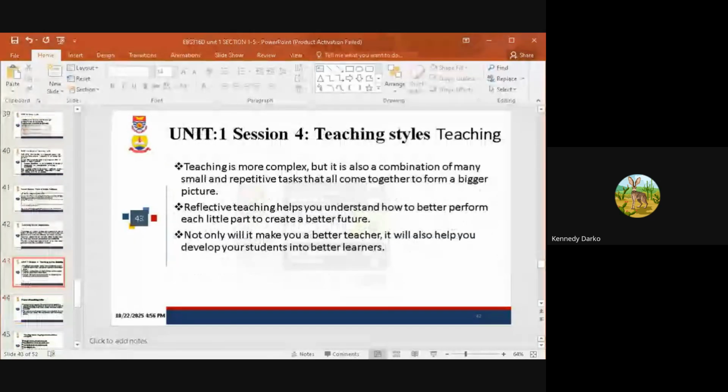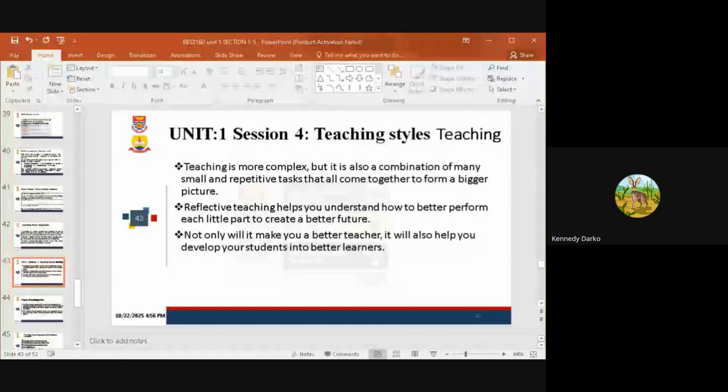All right. Now in Unit 4, we're looking at teaching style. Teaching is complex, but it is also a combination of many small and repetitive tasks that all come together to form a bigger picture. We say reflective teaching. What does that mean? It helps you understand how well you performed each little part to create a better future.